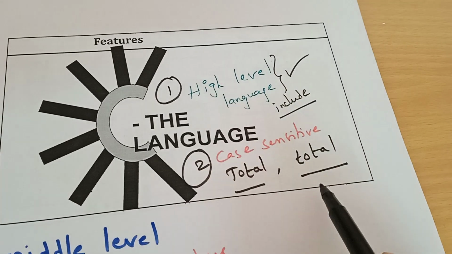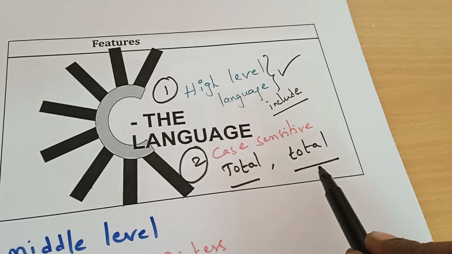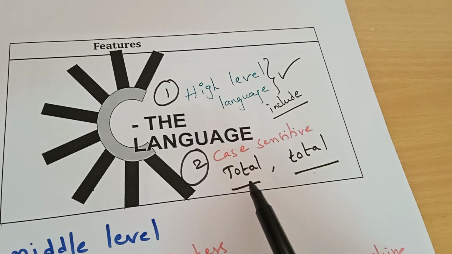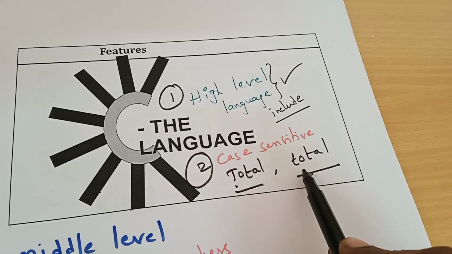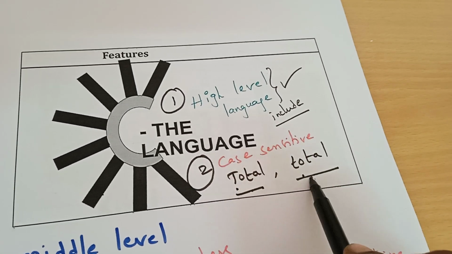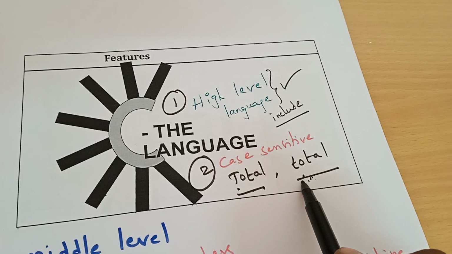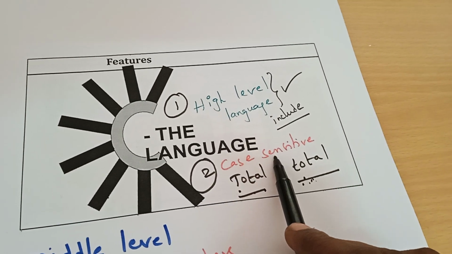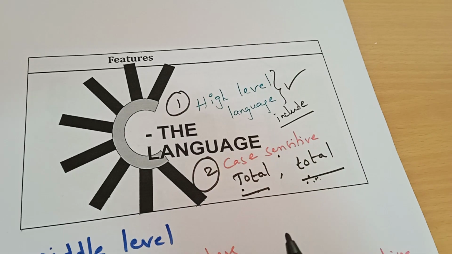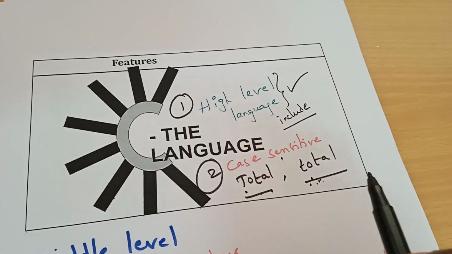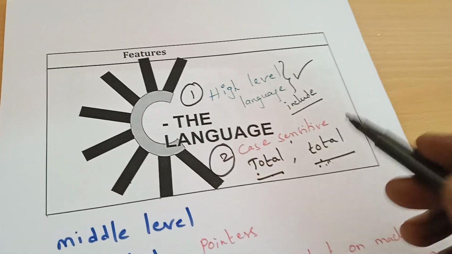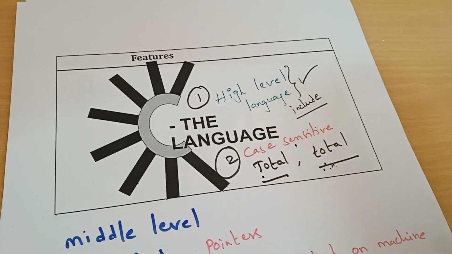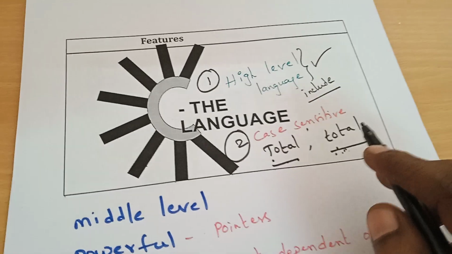Though the meaning is the same and the spelling is the same, still it is different in case sensitive, right? This is capital T and this is small t. So this will be recognized as two different variables. Almost all the things bound to C programming will be in small letters.